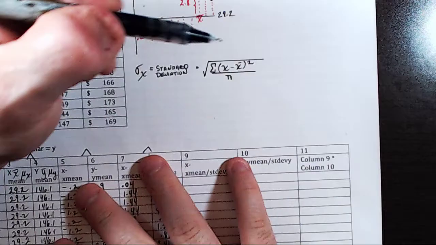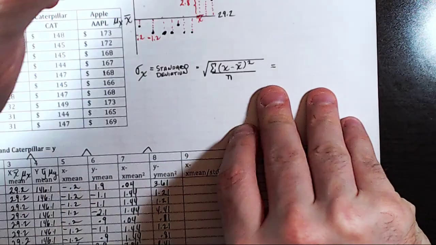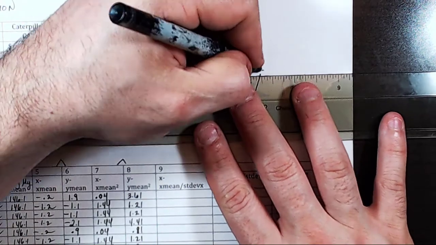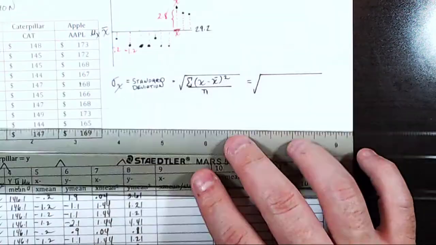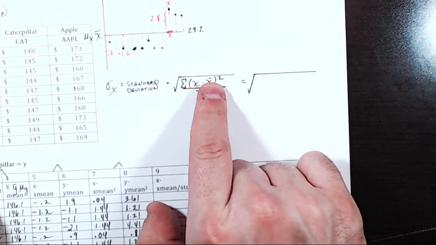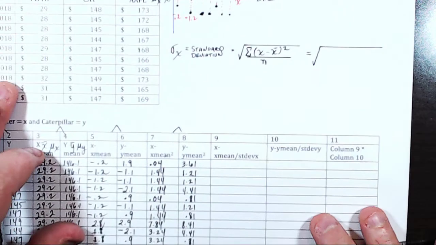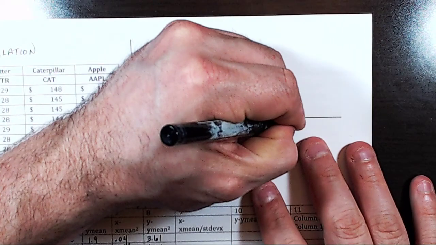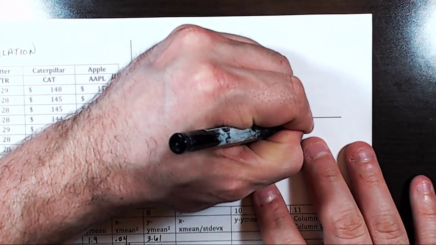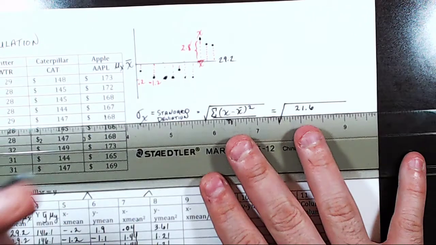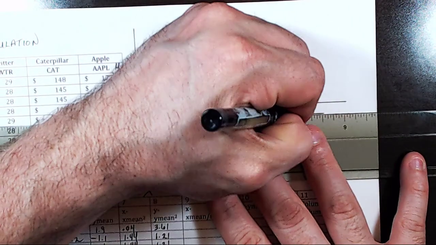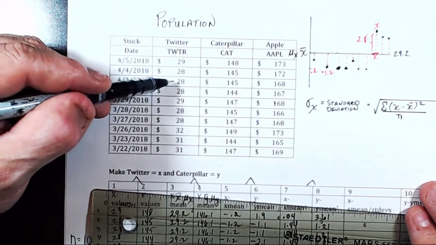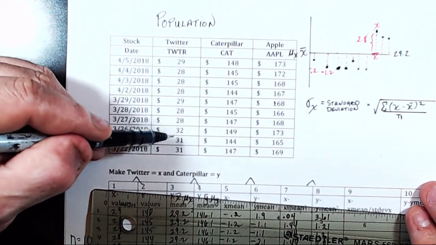So we've already got some of this information. It's not looking so difficult anymore. This whole scary looking thing is 21.6. And we said earlier that n was 10 because there are 10 stock prices: 1, 2, 3, 4, 5, 6, 7, 8, 9, 10.